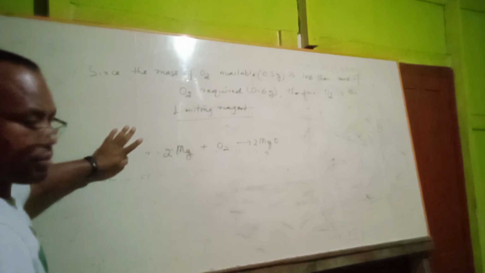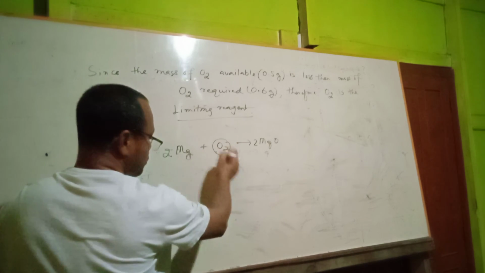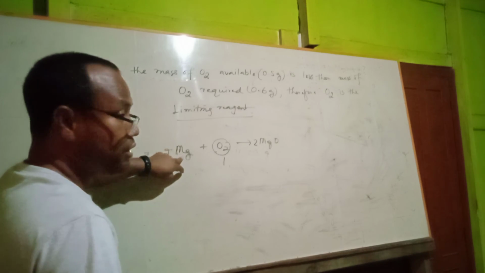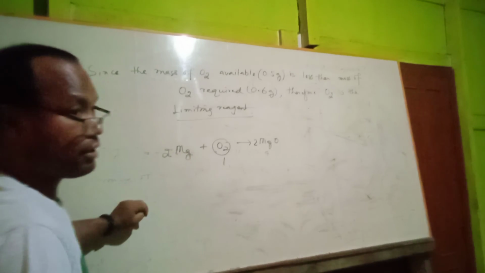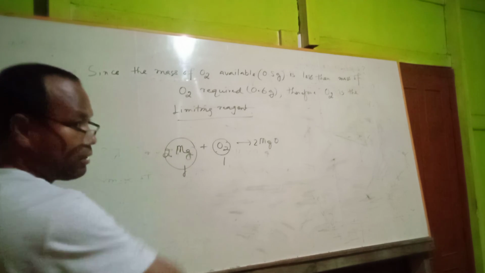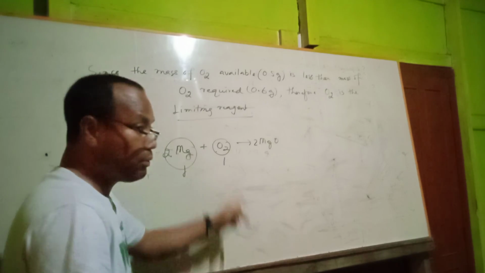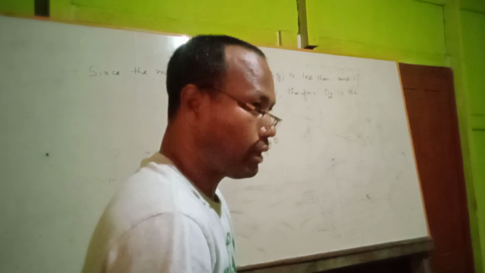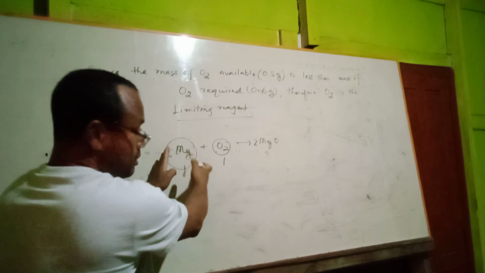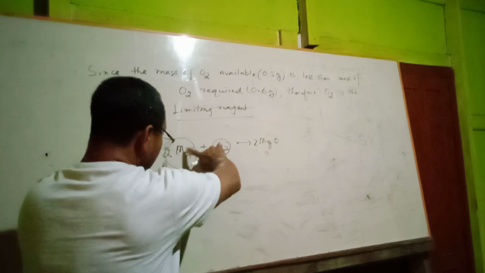From the calculation we found that the limiting reagent is oxygen, so we do not need to calculate for magnesium, because obviously magnesium is not the limiting reagent. If you calculate magnesium and find it is not the limiting reagent, the other one must be the limiting reagent. If one is limiting, the other is not limiting, since we are comparing these two.